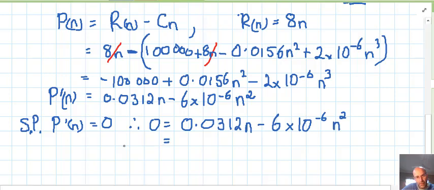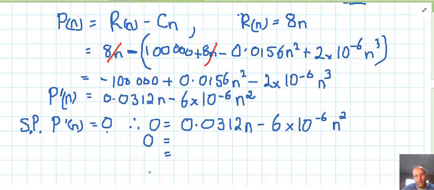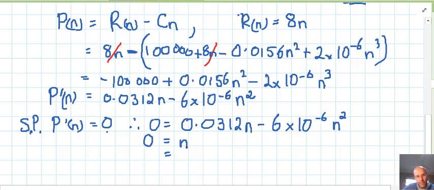Alright, so rearranging and solving now. So we've got 6 by 10 to the negative 6 n squared equals 0.0312n. Actually, no, I don't want to do that. I want to factorize. I've just spotted what I need to do. Both of these terms have a factor of n.